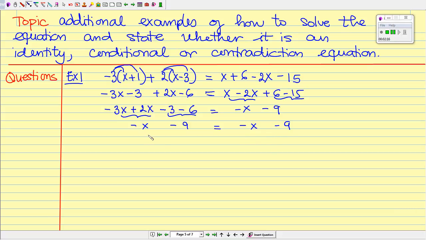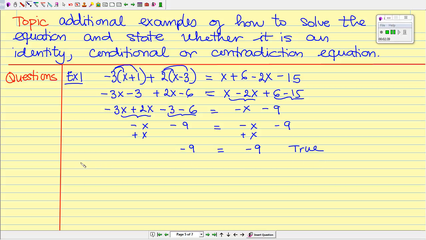Now, if you continue to solve for x, you are going to add x to the left side and add x to the right side. You end up with the left side being negative 9 and the right side also negative 9. Now this equation is always true.